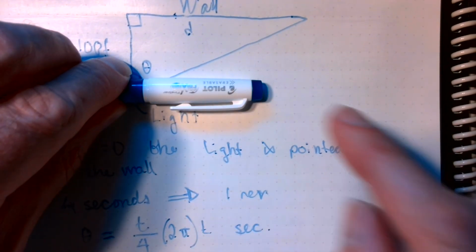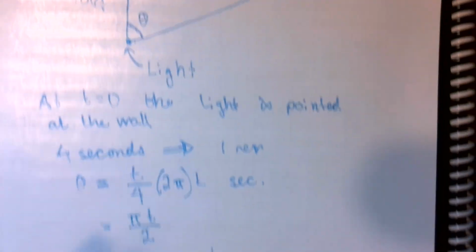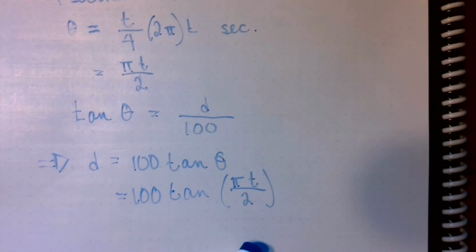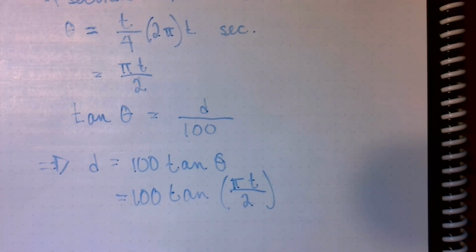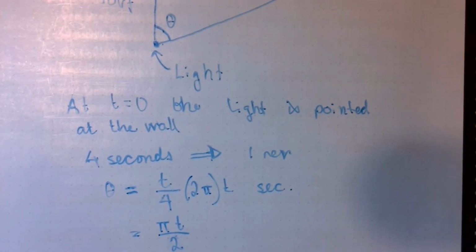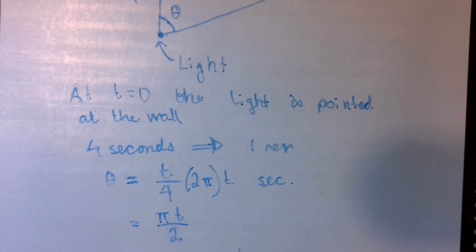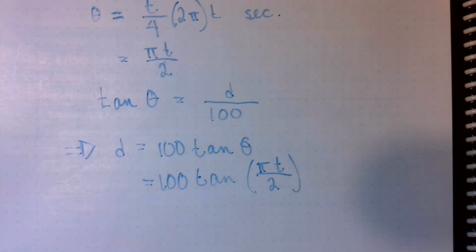So the light is actually parallel to the wall. So it does make sense that when t equals 1, this expression is undefined, because the light isn't pointed at the wall at that time. It's a neat little problem, relating angular velocity and the trig functions that we've been discussing in our course.